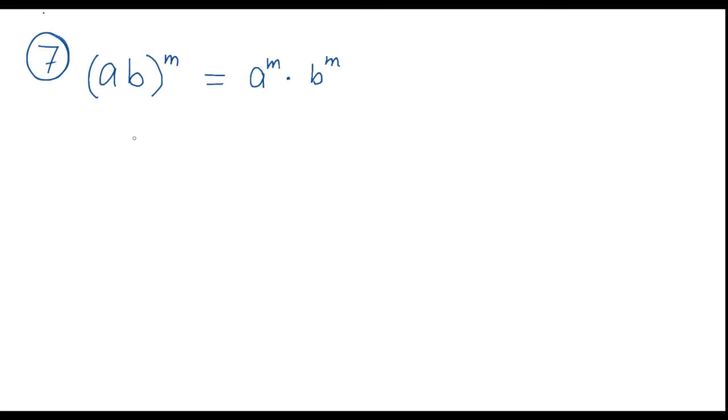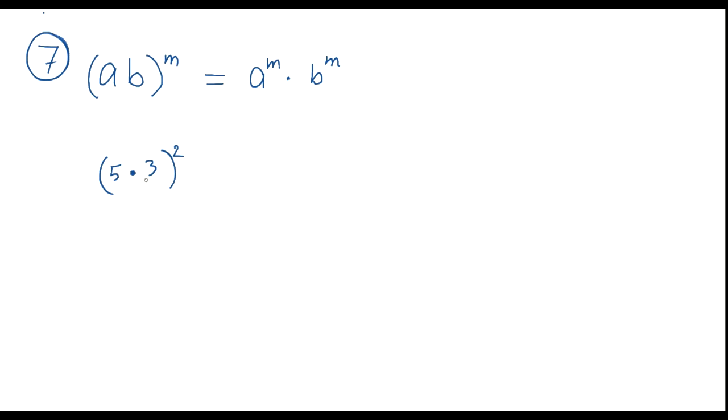Let's have an example. 5 and 3 multiplied together and have a common exponent. Be careful. It is not 53. It is 5 and 3 multiplied together. It is not 5.3.